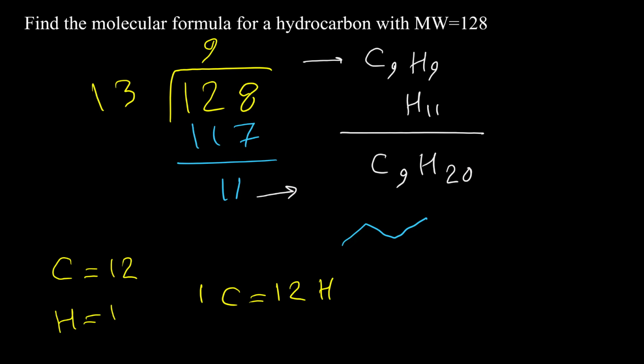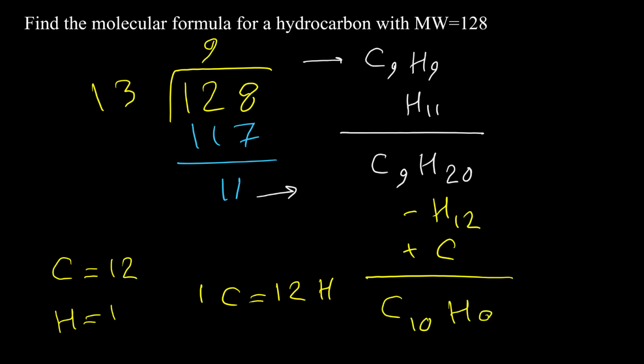In this case, we have 20 hydrogen here, and we can take 12 of them and instead put 1 carbon in our formula. So if I subtract 12 hydrogen and instead I add 1 carbon, the formula will be C10H8.